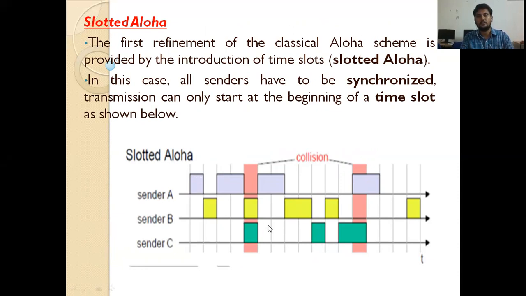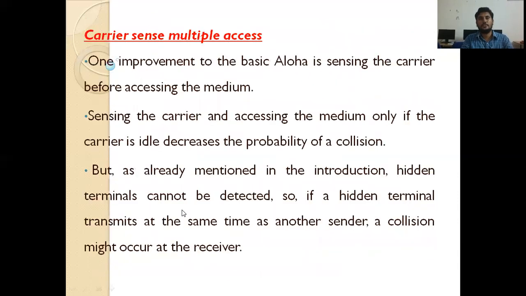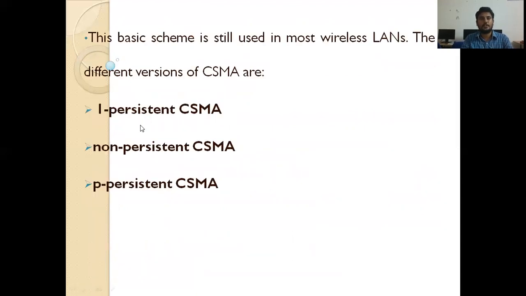A bit of collision still occurs because multiple senders use the same transmission media. To overcome this, a technique called carrier sense multiple access was implemented. Its main agenda is sense before transmit, and it is classified into three categories: 1-persistent, non-persistent, and p-persistent CSMA.